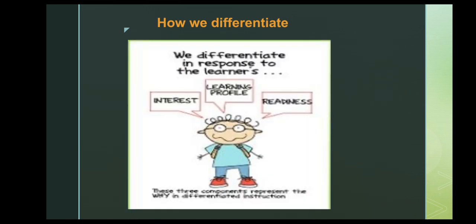All right, here we have how we can differentiate. We can differentiate based on the learner's interest, based on the learner's profile, and based on the learner's readiness. Every learner has interest. Every learner has a learning profile, what they have been through the years and how ready they are.